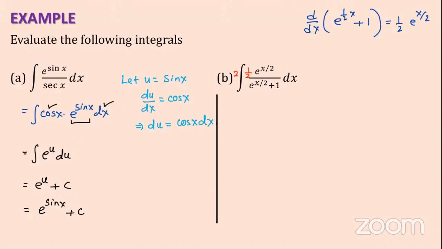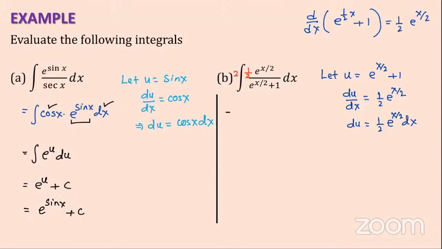Then we can easily perform the u substitution. u will be our denominator. Let u equal e to the x over 2 plus 1, and du over dx, the derivative of e to the x over 2 plus 1, we did that on the top of the board. You can see that is half e to the x over 2. If you multiply on both sides by dx, then it will be half e to the x over 2 dx. Then you can do the substitution.